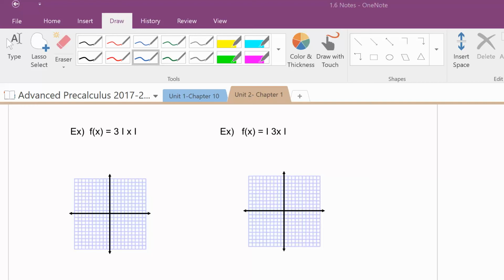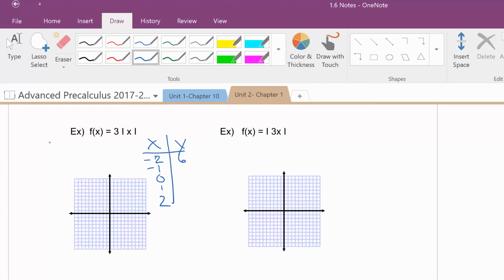All right, so f of x equals 3 times the absolute value of x. So think about it this way. If you had x and y, and you put in numbers for x, like negative 2, negative 1, 0, 1, and 2, well, your numbers for y would be 3 times bigger than they normally would be.